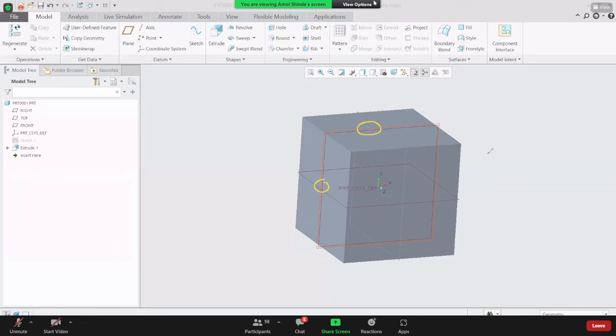But when I see this front, it appears as a square only. If I see the front view, it appears as a square only. Now this line represents this plane, while this line represents this particular plane. Similarly, this line and the bottom side also.